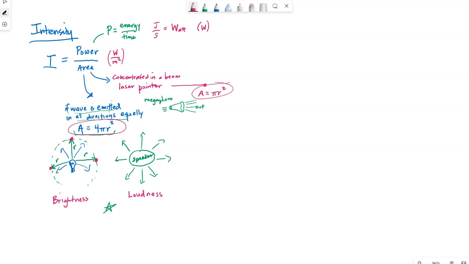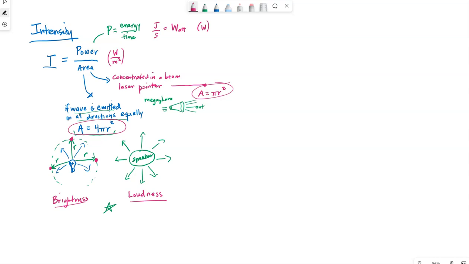And again, intensity is relating back to brightness if we're talking light, or how loud the sound is if we're talking sound. Intensity of a wave at an ocean wave, for example, we could talk about the intensity there. So intensity is not unique to sound or light. Those are just typically the situations we're more familiar with it in.